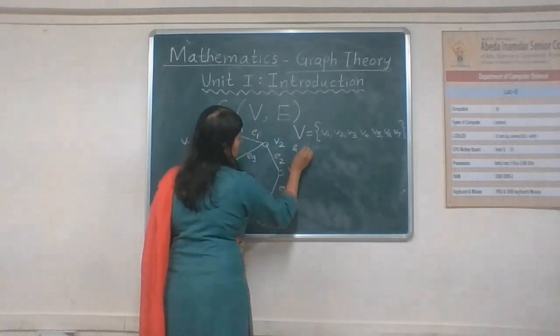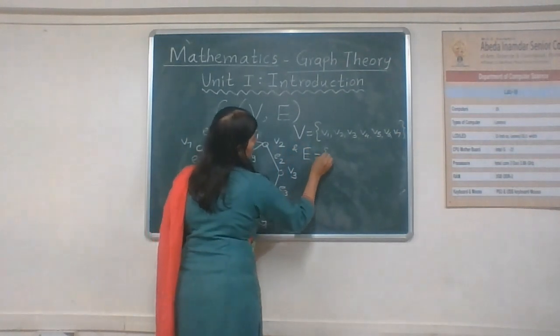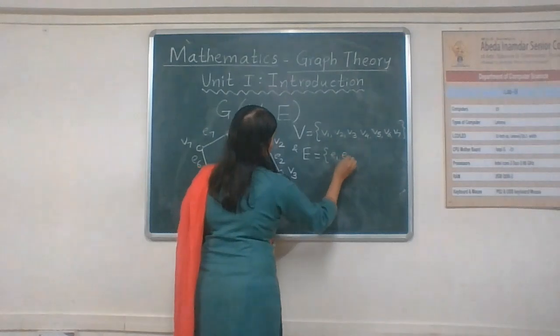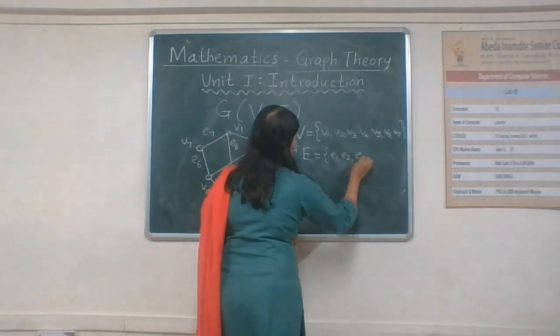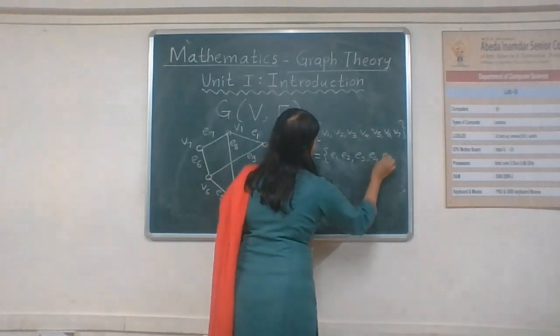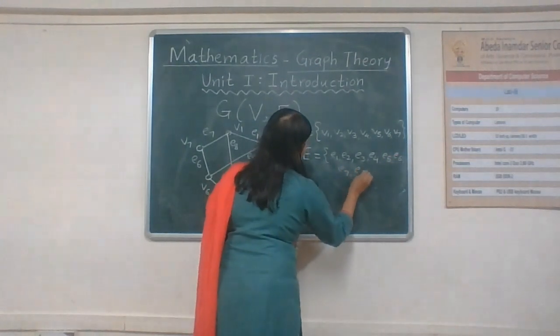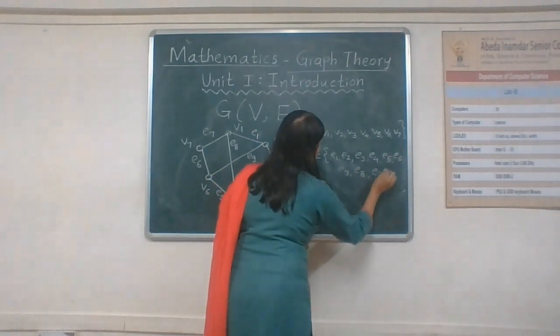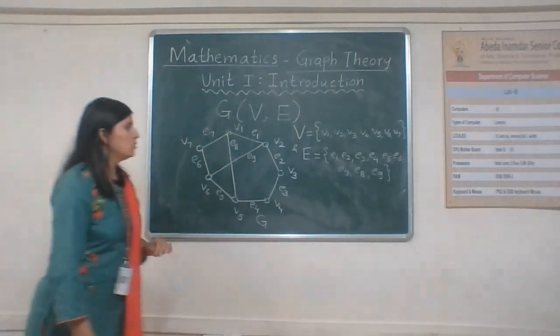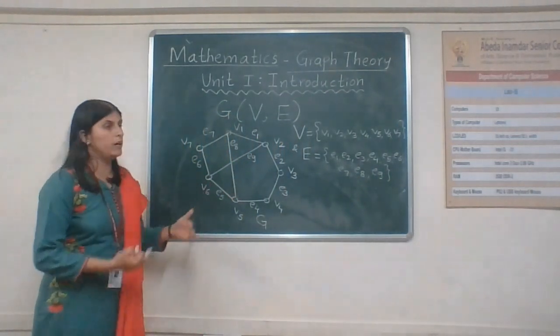And what is the edge set of this graph? E equal to E1, E2, E3, E4, E5, E6, E7, E8 and E9. So this is one graph that we have seen.